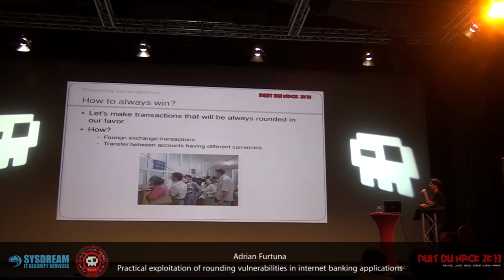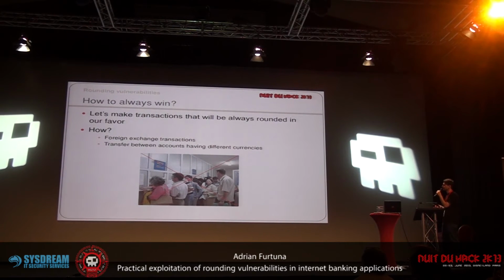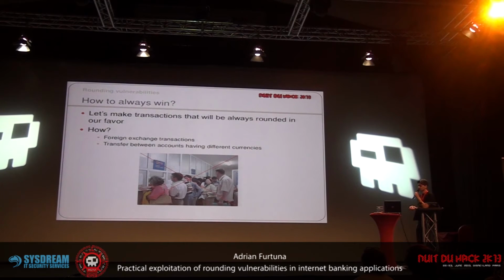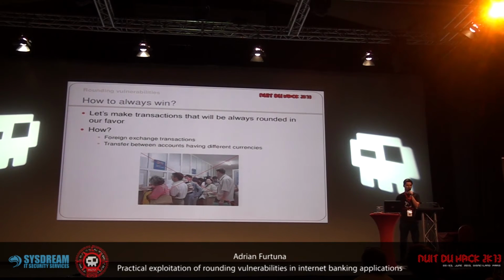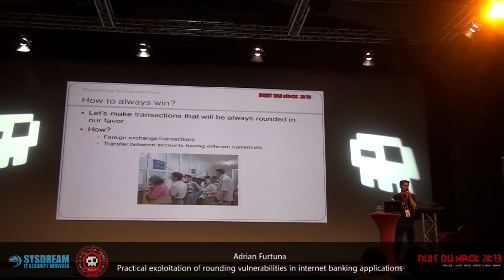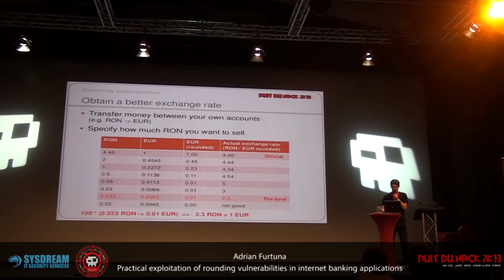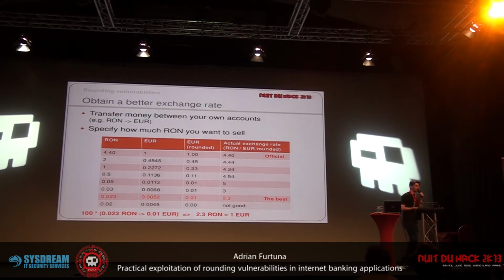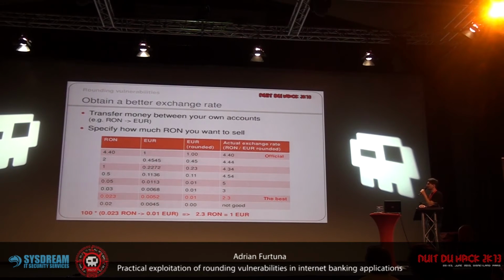If you transfer money between accounts with different currencies, of course you cannot do this attack with real money at the guichet, because nobody will transfer you 0.005 of a currency. So, the actual result of this attack is that you can obtain a better exchange rate.